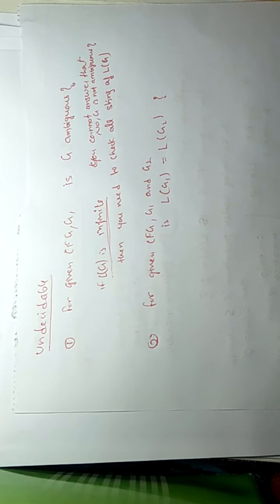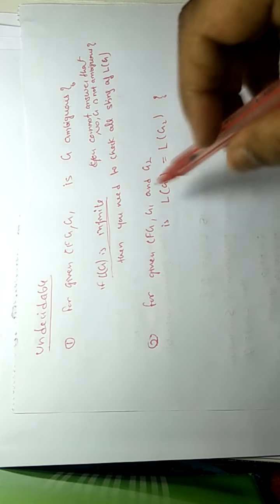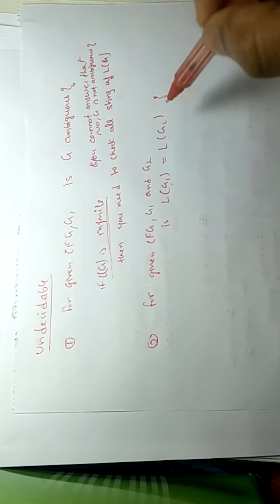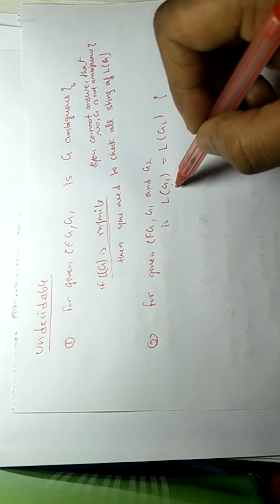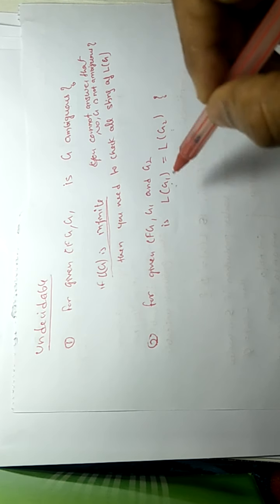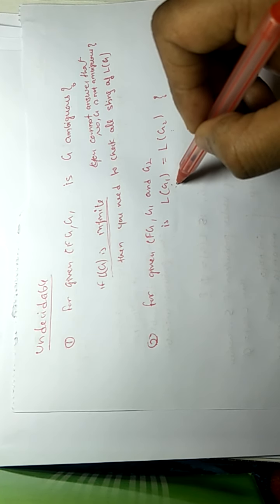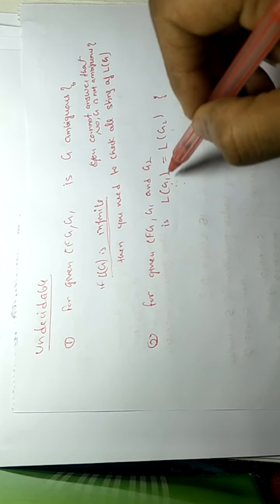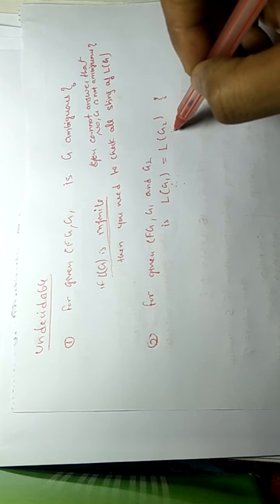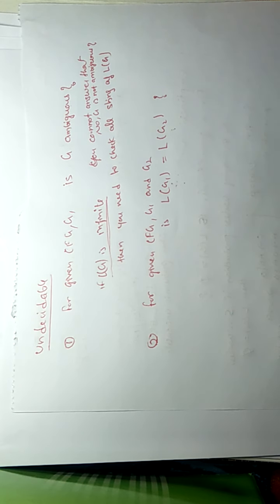It is also undecidable because you have to check the strings that can be derived from it. You can check one string that is derived here, and it is also derived here. You have to check a second string, a third string, a fourth string, and you have to check all strings, and you cannot check all strings.